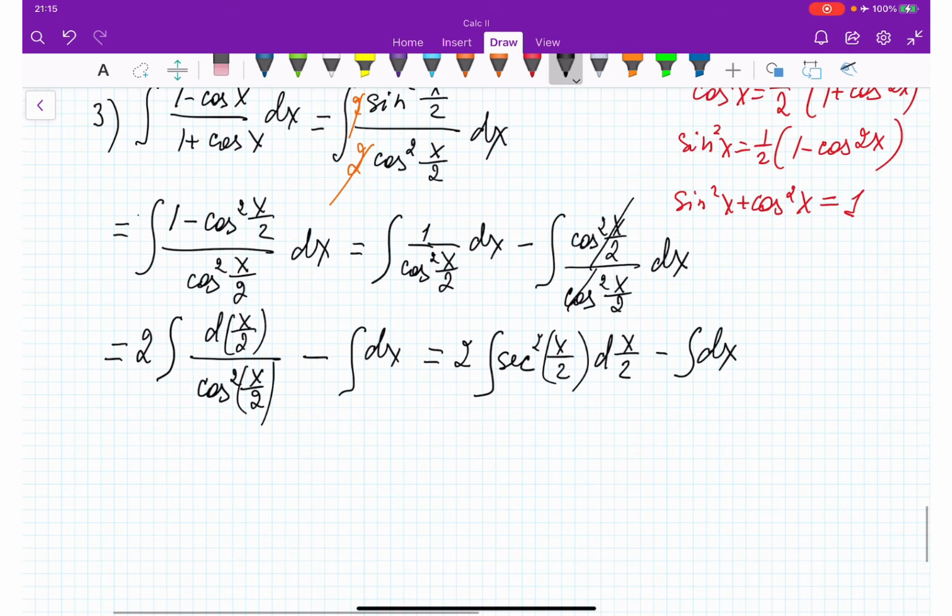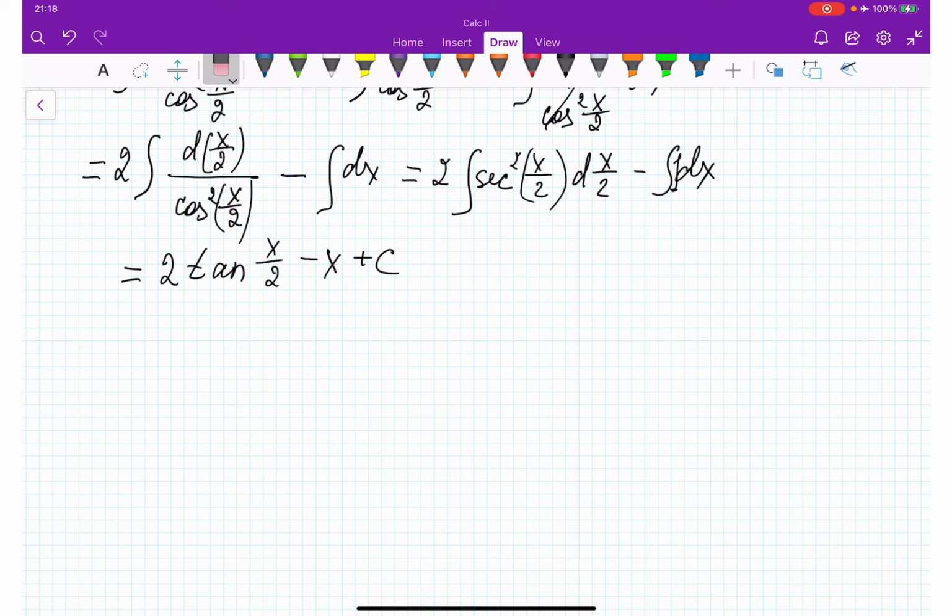So the result is going to be 2 times: the derivative of which function gives us secant squared? Tangent, right? It's going to be tangent of x over 2. And then minus, well, the derivative of what will give us 1, because this is 1 here? The derivative of x will give us 1, so it's going to be minus x plus c.